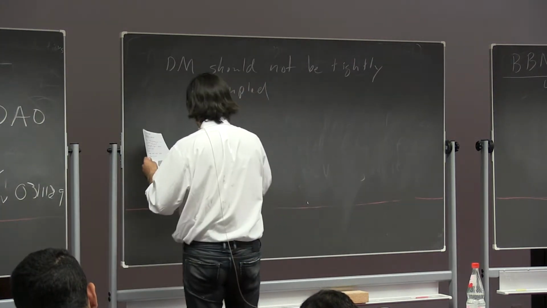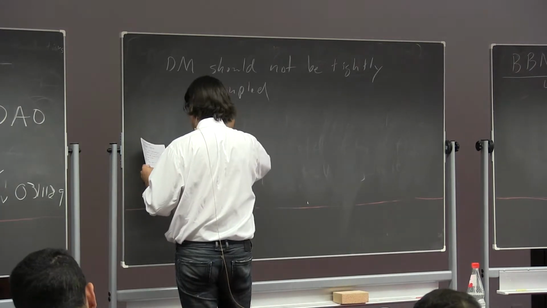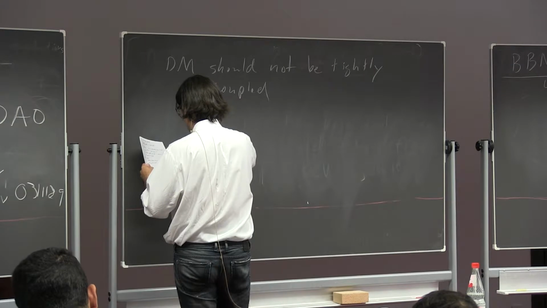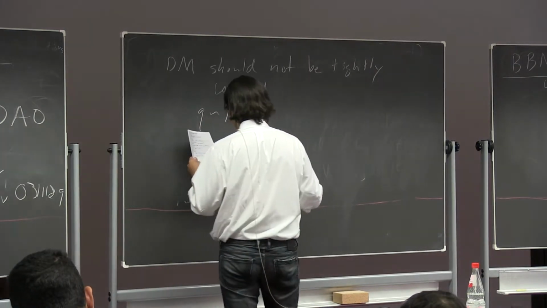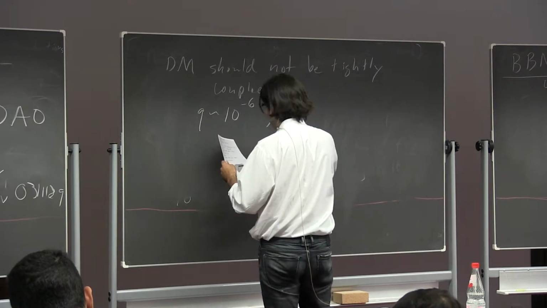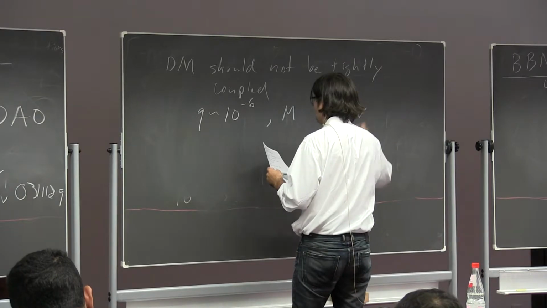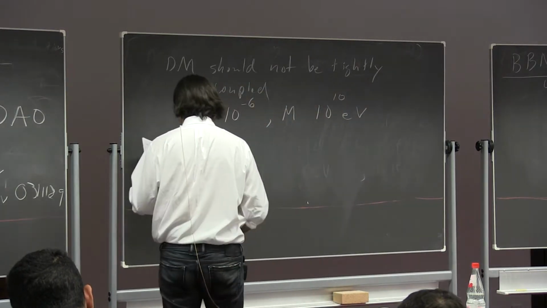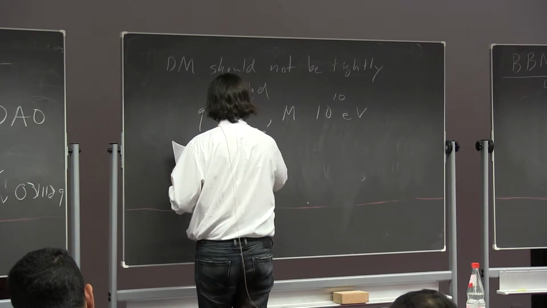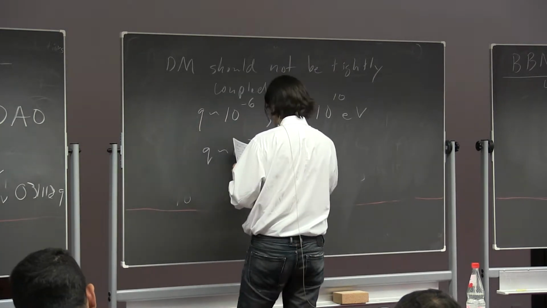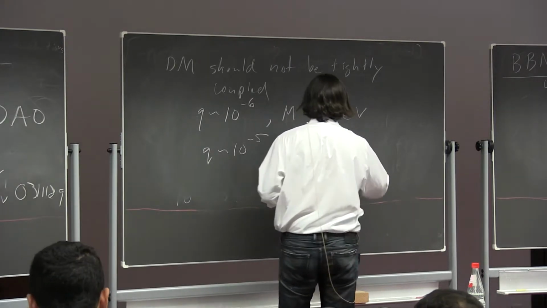And so you can kind of work it out that this is sort of an approximate relationship. But so for a charge of 10^-6 and a mass of 10^10 eV, this is tightly coupled. And for a charge of 10^-5 and a mass of 10^14 eV, this is tightly coupled.